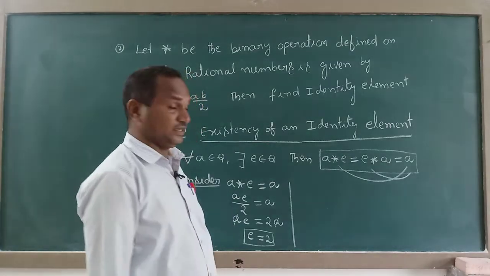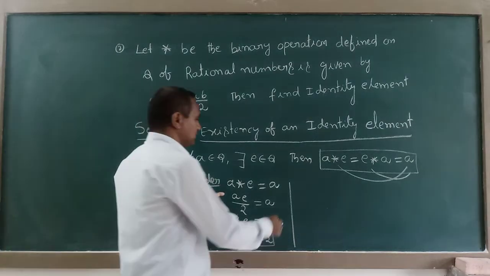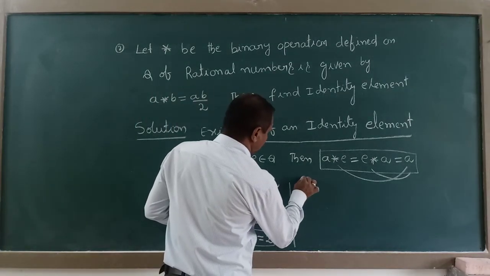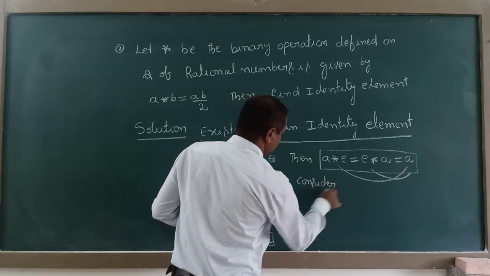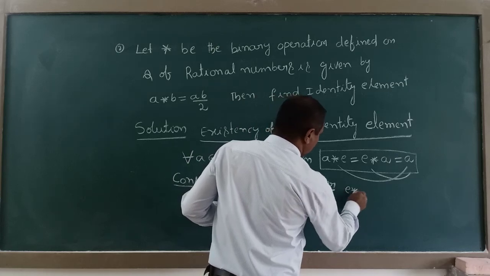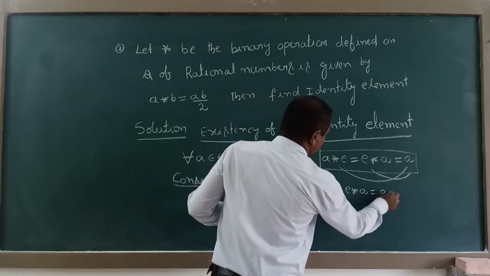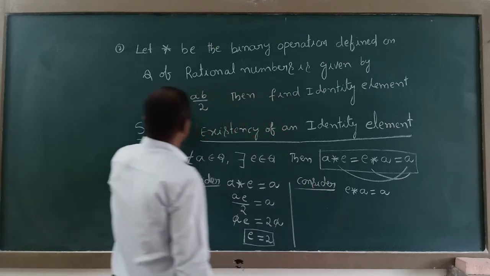Now let us check whether we are getting the same value or not. Consider E star A is equal to A. Apply the given definition, A star B is equal to AB by 2.